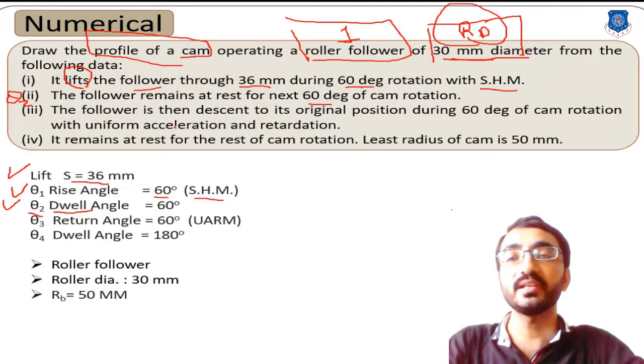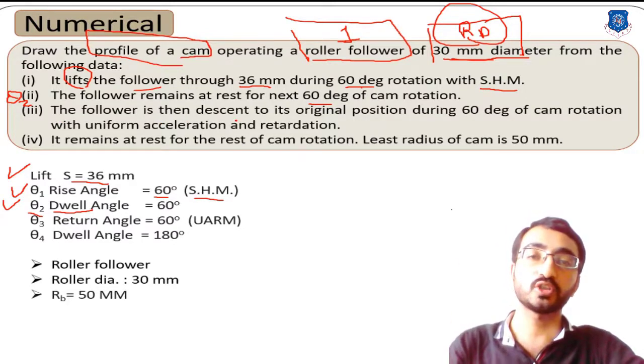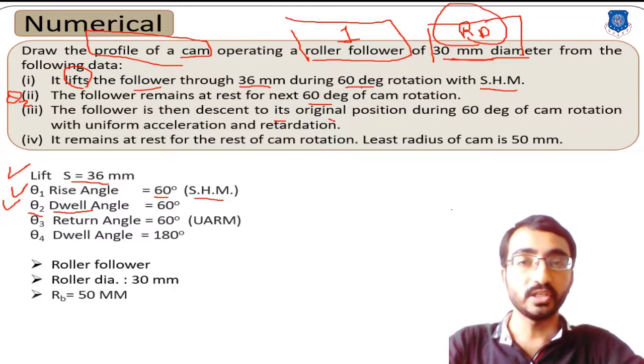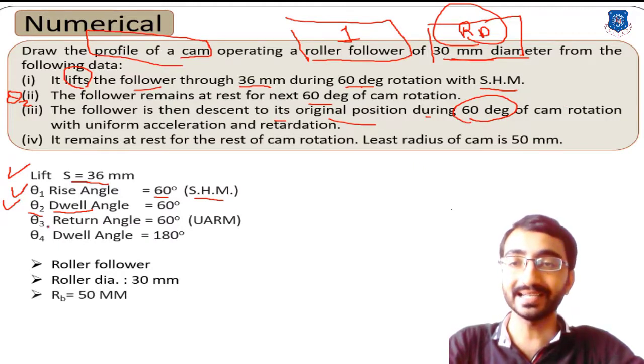Then the follower descends. It means it reaches its bottommost, original position during 60 degrees of cam rotation. So theta 3 is given as 60 degrees, which is the return angle, and with uniform acceleration and retardation. So over here the motion is UARM.